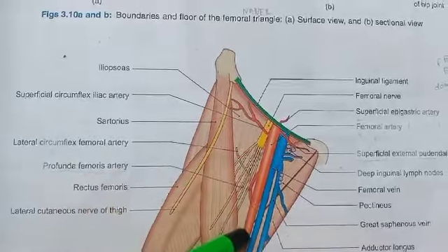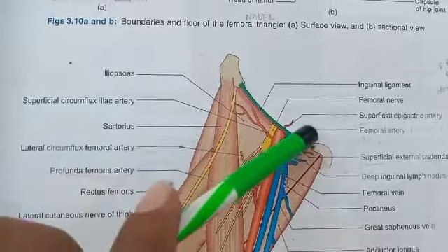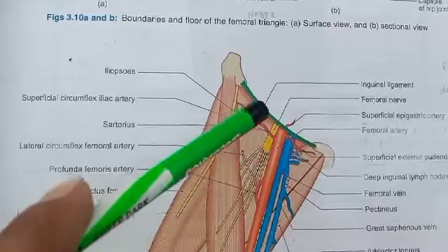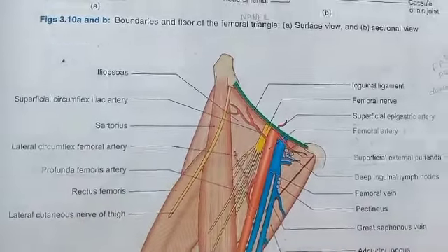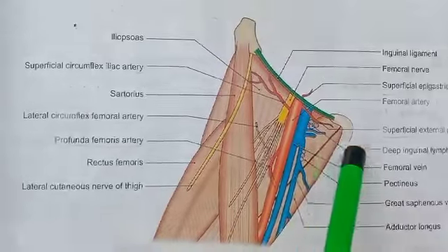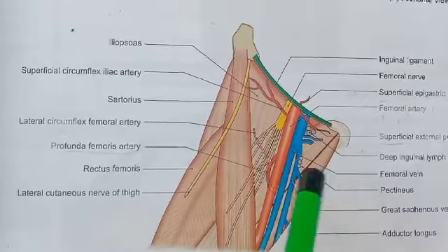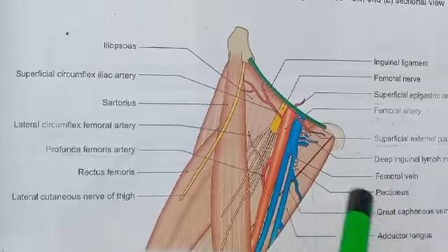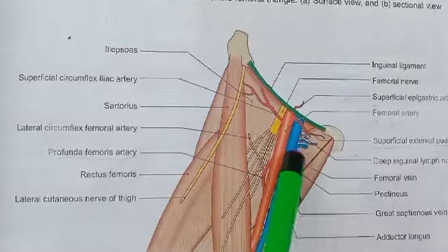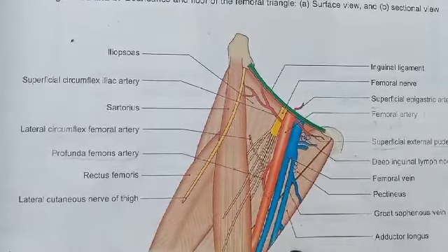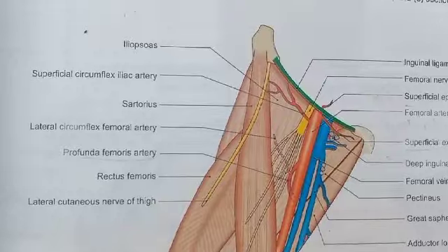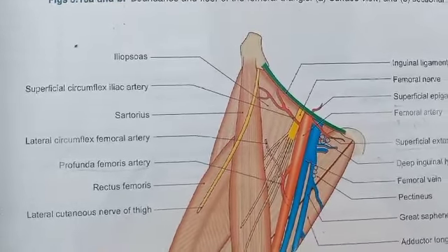Here the femoral artery is giving multiple branches which consist of 3 superficial and 3 deep branches in the femoral triangle. Then there is the femoral vein, which is medial to the femoral artery, and that also gives many branches and collects venous blood from the great saphenous vein.